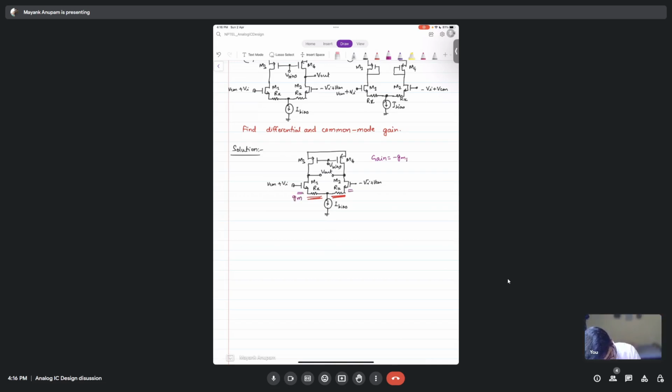After that, RO3 parallel 1 plus gm RO1 RX.